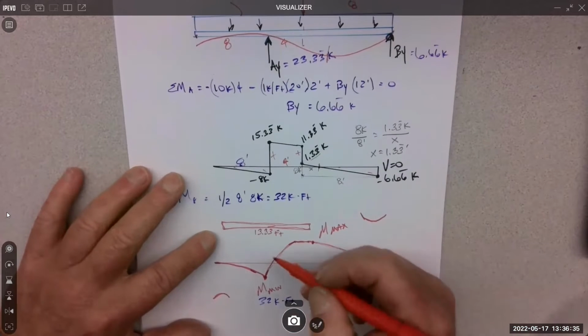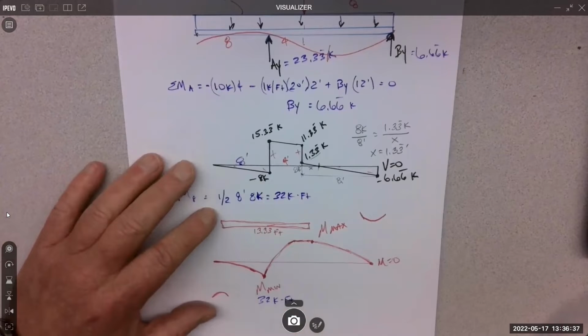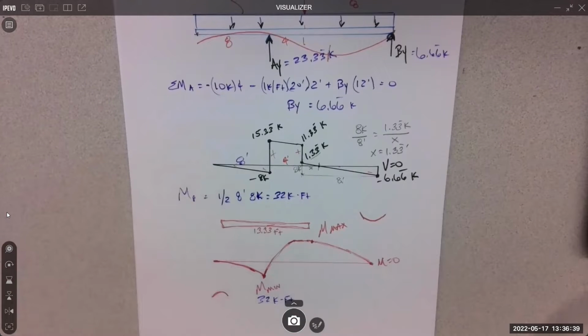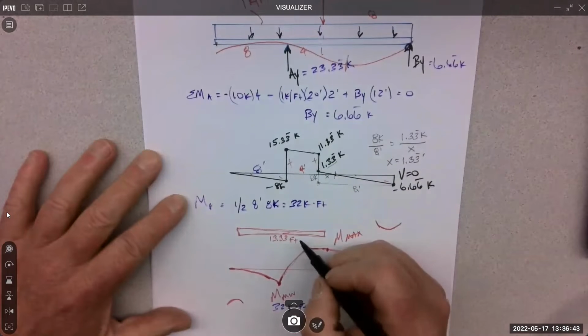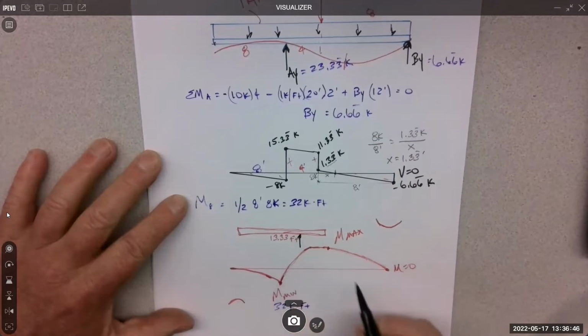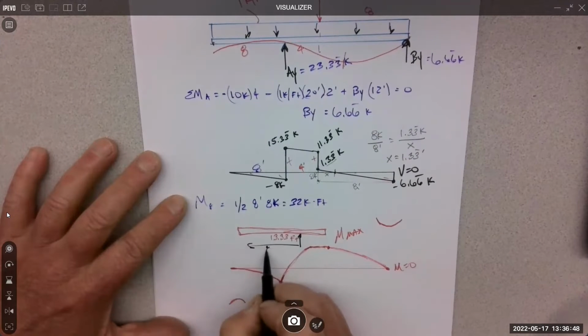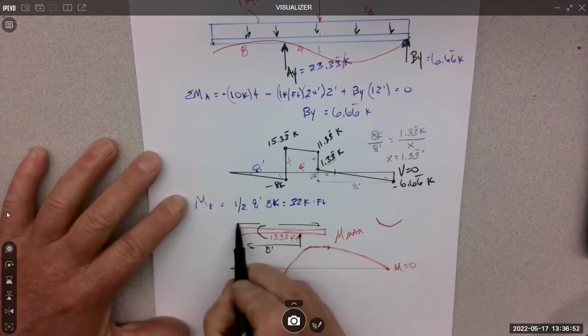And then, oh geez, I put that dimension in the wrong spot because I need it in here at 8 feet. So I'm going to plop that in there. So this is 8 feet. This is the overall distance.